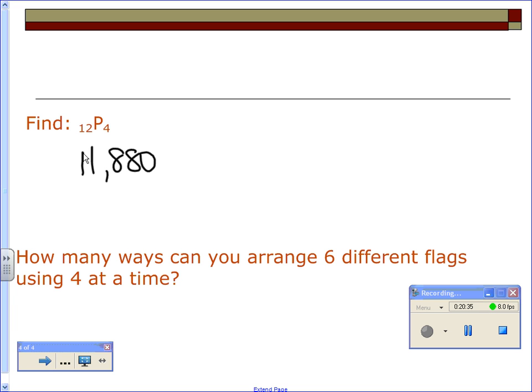Okay. How many ways can you arrange 6 different flags taking 4 at a time? 360. Any questions on those?